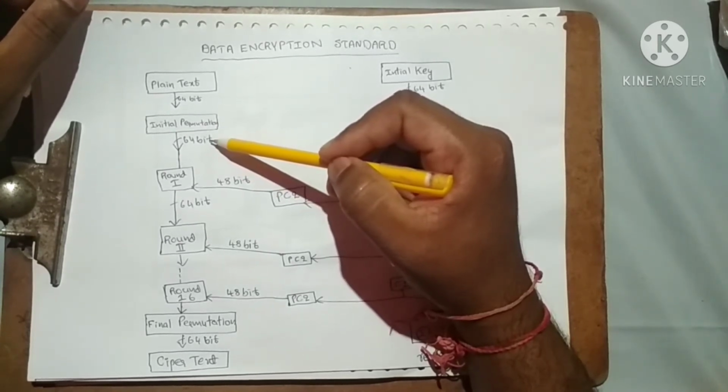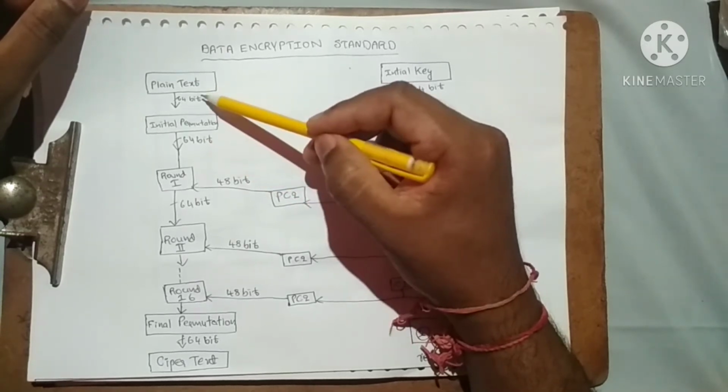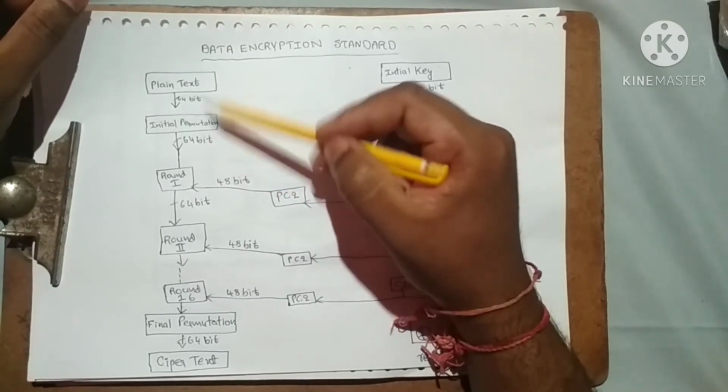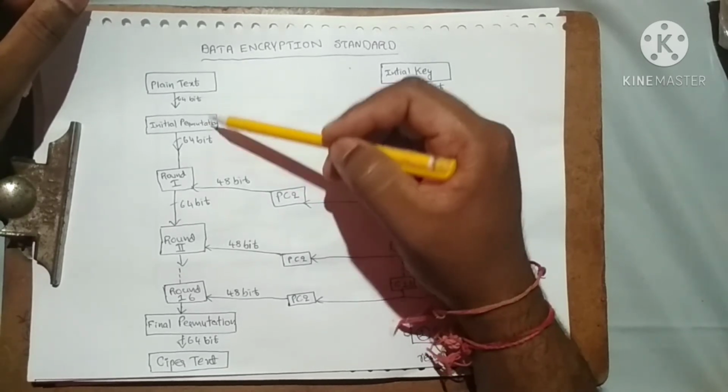Same length, 64-bit, but the bits are rearranged in a different way. So this plain text and that plain text are different: same bits, but rearranged.